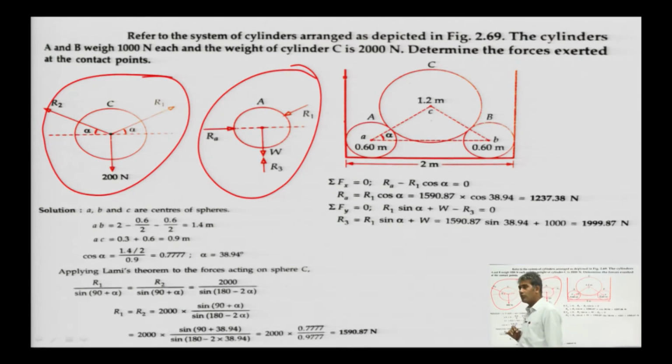What will be the value of the forces in the free body diagram of sphere C? First, the weight of sphere C, which is 200, acting downward.